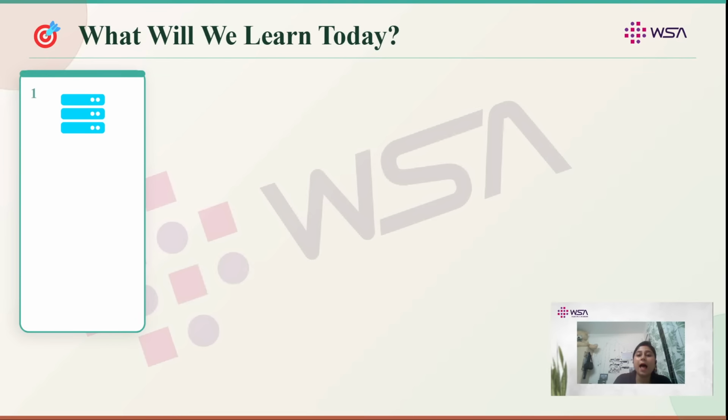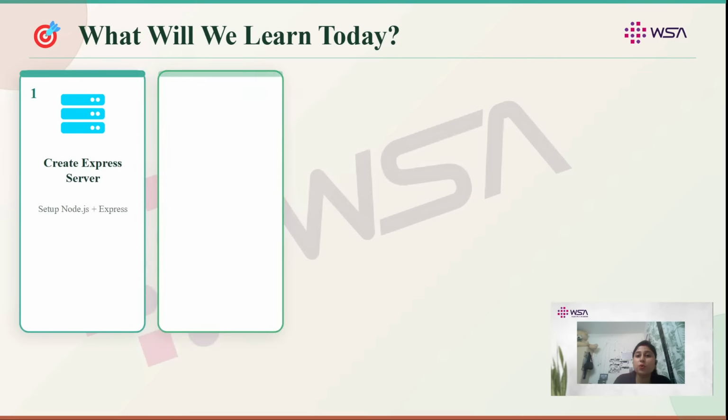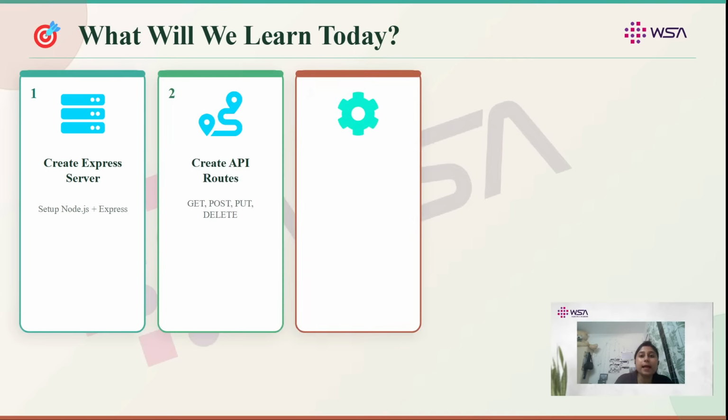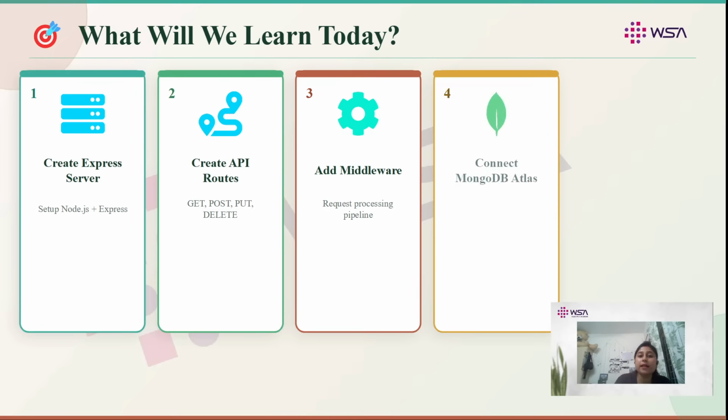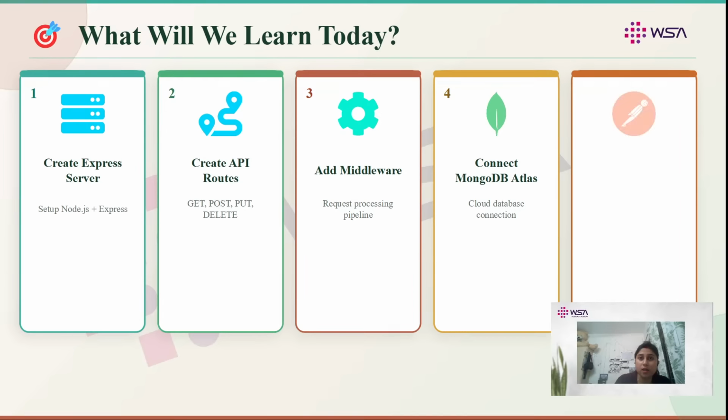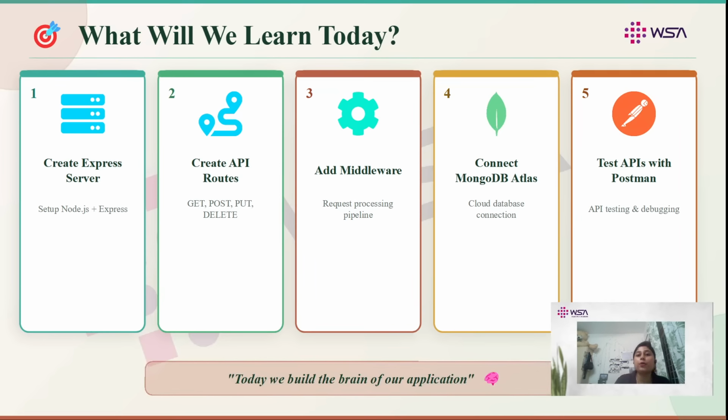Today we will have five major things to understand and write the code. First, we will set up Node.js and Express, and we will create our backend server. Secondly, we will understand the API routes like get, post, put, and all. Don't worry about the words, we are going to write them in code.